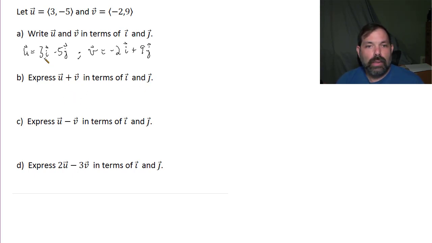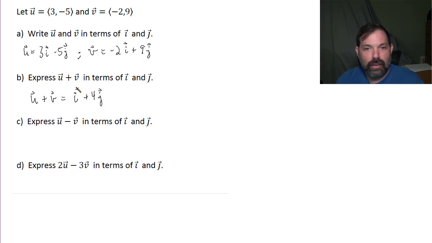All right, well, if u is 3, negative 5 and v is negative 2, 9, we already know how to add them, so we're just going to add the components. Well, if we have them expressed in terms of i's and j's, we still just add the components. u plus v vector would simply be 3 plus negative 2, that's 1i, negative 5 plus 9, that's plus 4j.